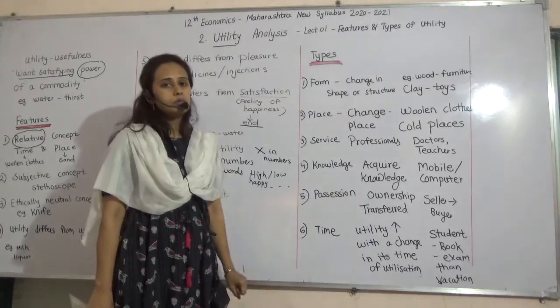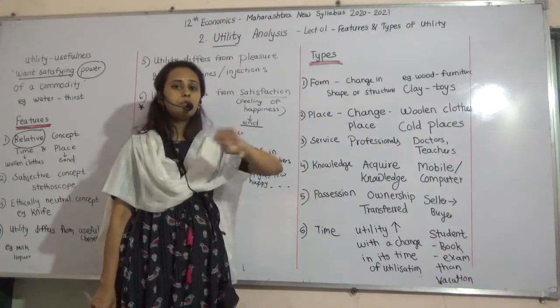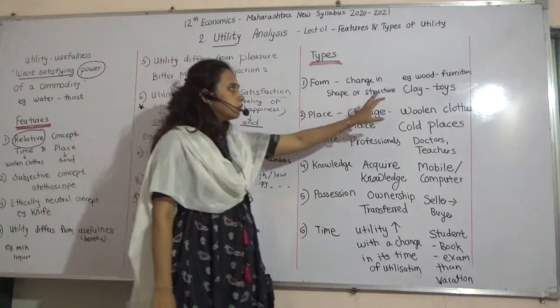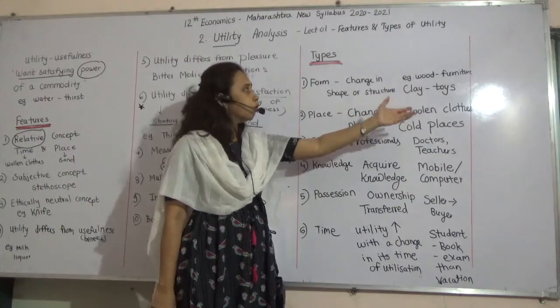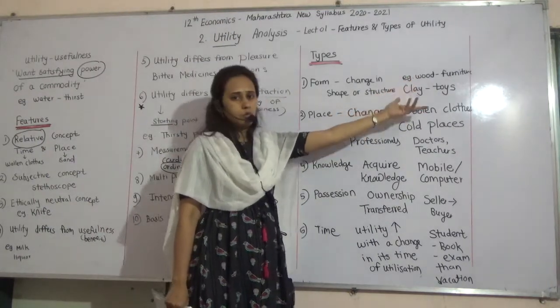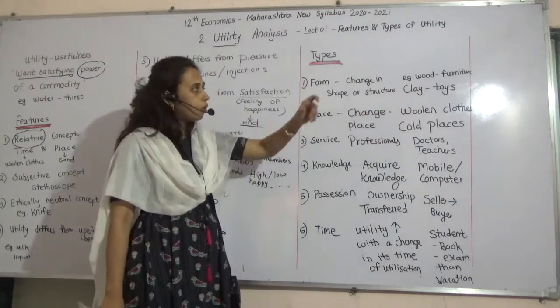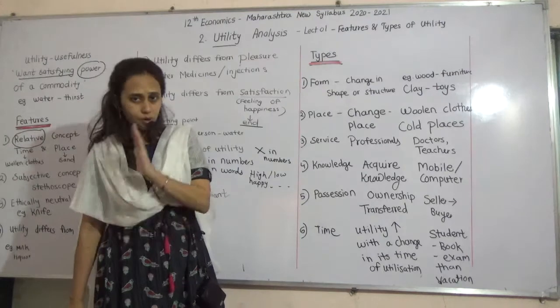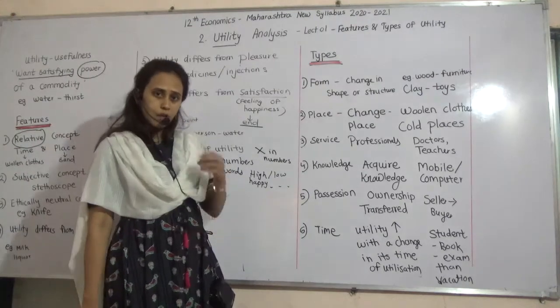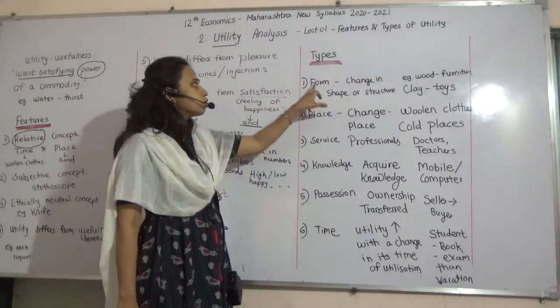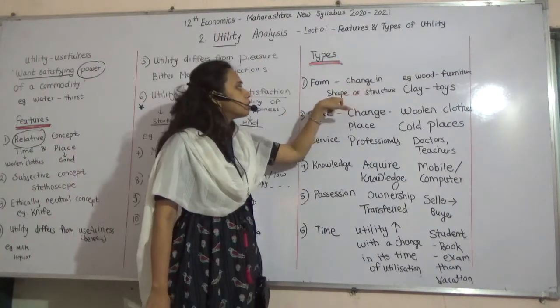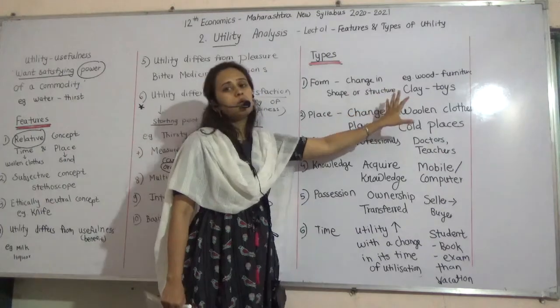If someone has offered you the best wood, sandalwood or some wood, is it okay? No. Does it have utility? No. Because I don't want wood, I want furniture. So wood should be converted into furniture, and then only I will be able to utilize it. So sometimes, if there is a change in shape or structure, then only it has utility.